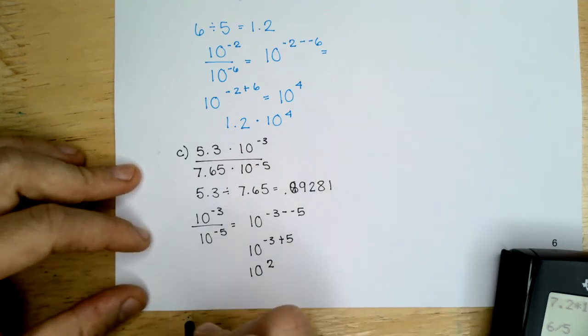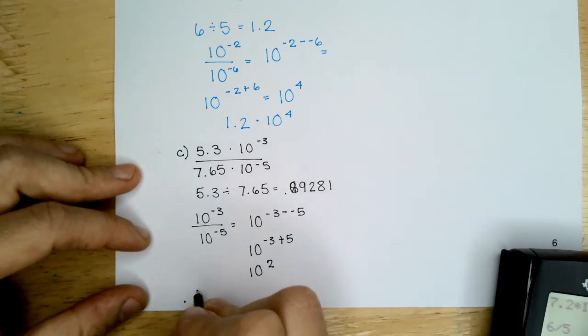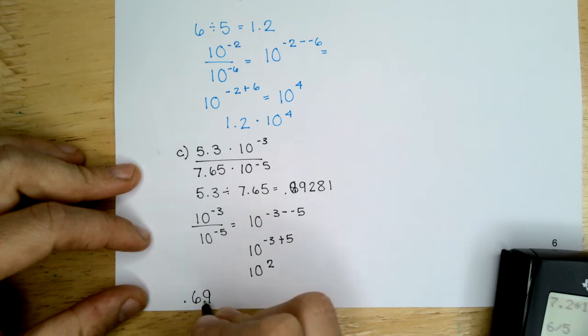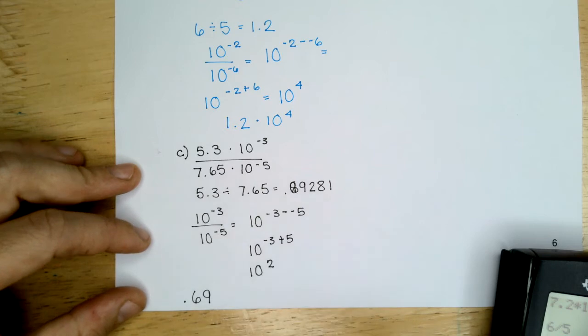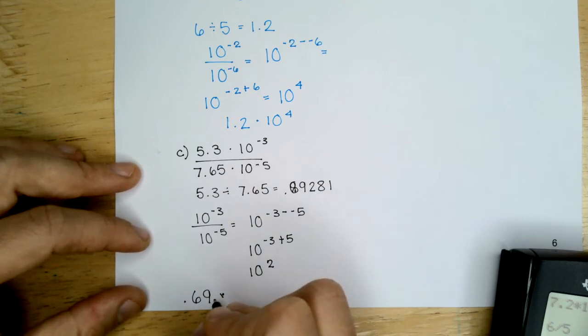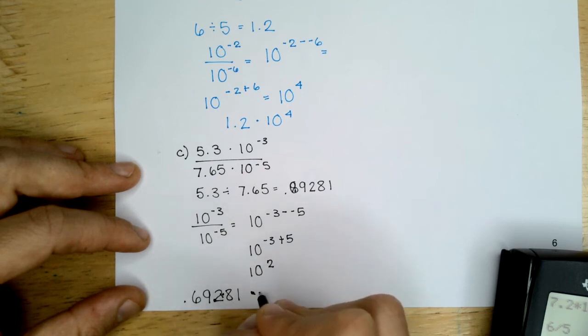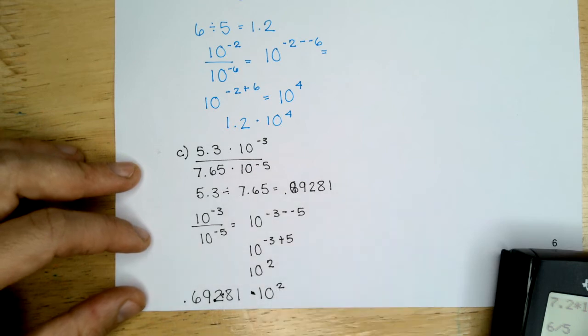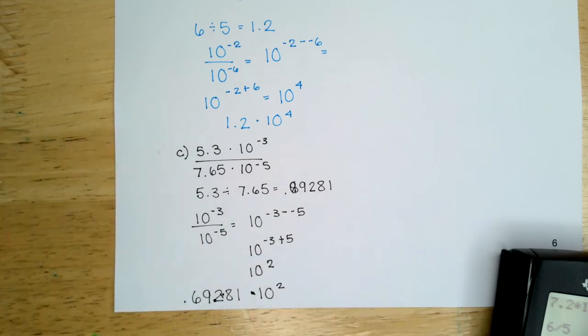So if we bring those together, we have 0.69281 times 10 squared. Good. All right, what is wrong with this?